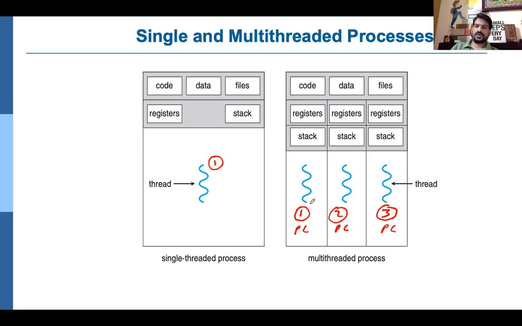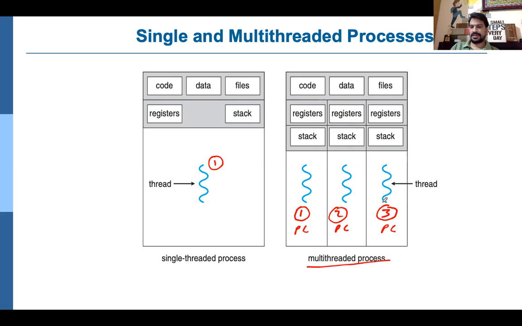Okay. So in a multi-threaded process architecture, the threads share the code, data, and file sections, and they have their own local registers, stacks, program counter, and they all have their own thread ID.